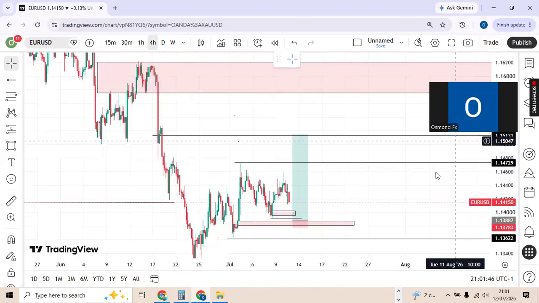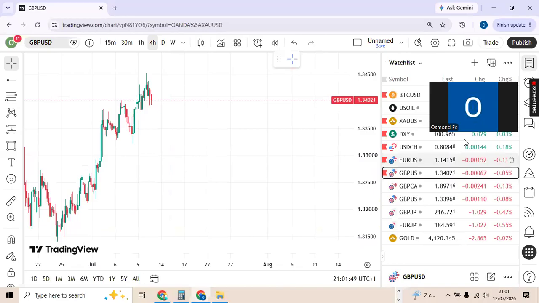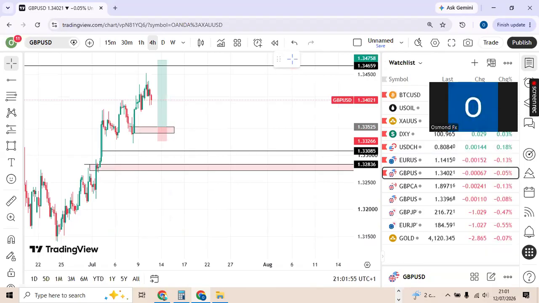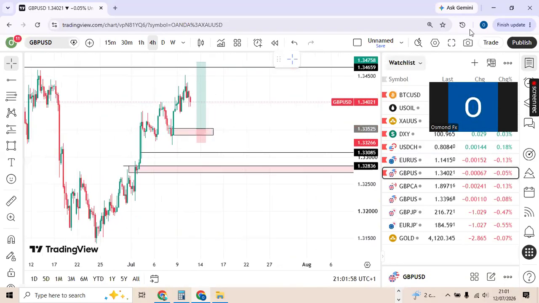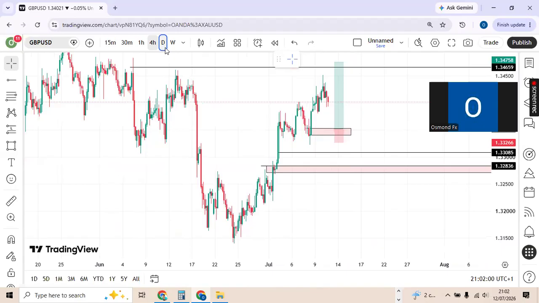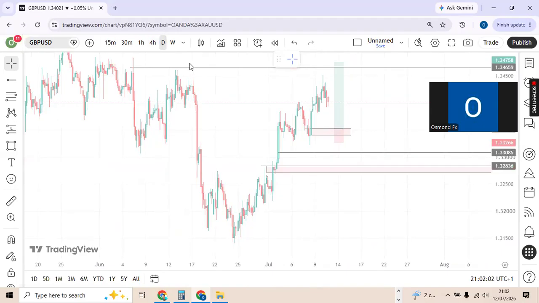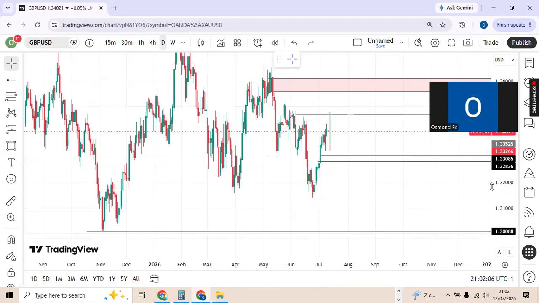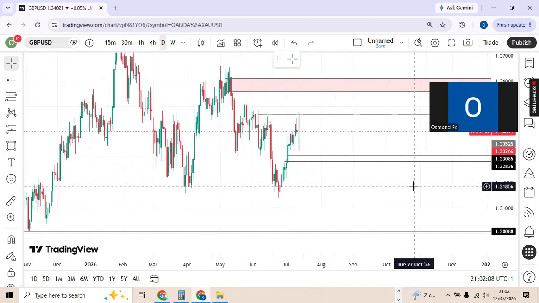So let's go to GBPUSD. Looking at GBPUSD, let's start from the weekly time frame. For GBPUSD, obviously, you guys know that GBPUSD and EURUSD are like brothers.